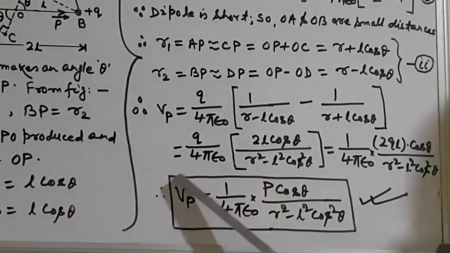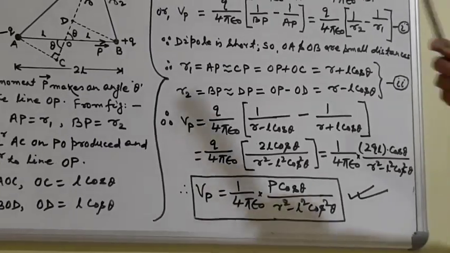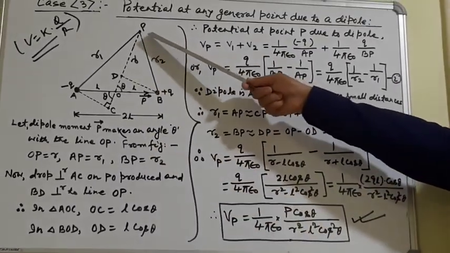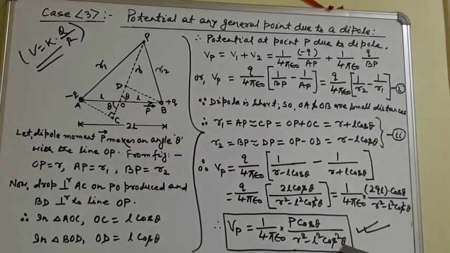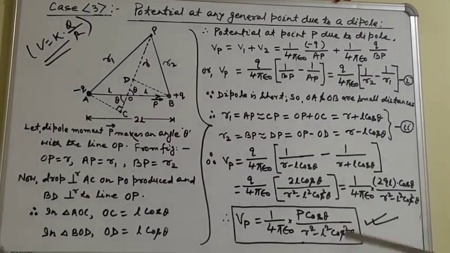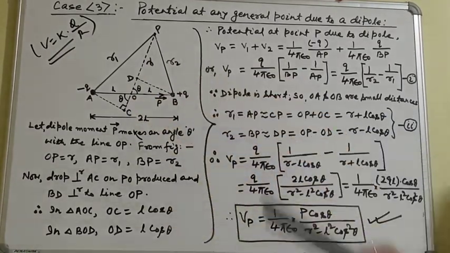This expression gives the value of electric potential at any point P due to this dipole. Theta is the angle at which the line OP is inclined with the dipole moment.